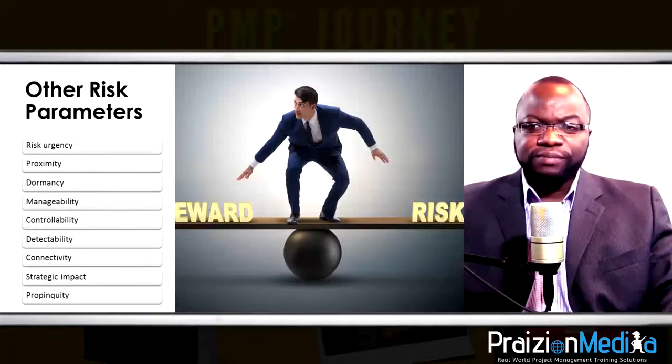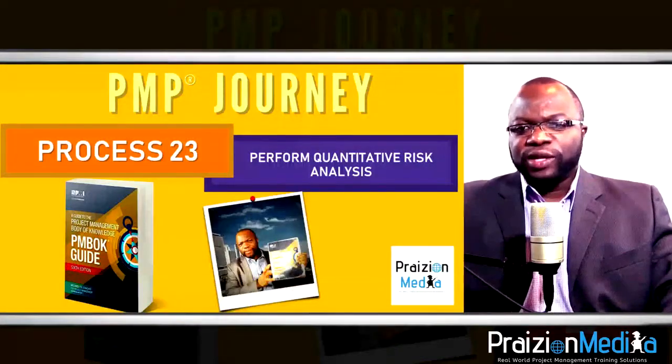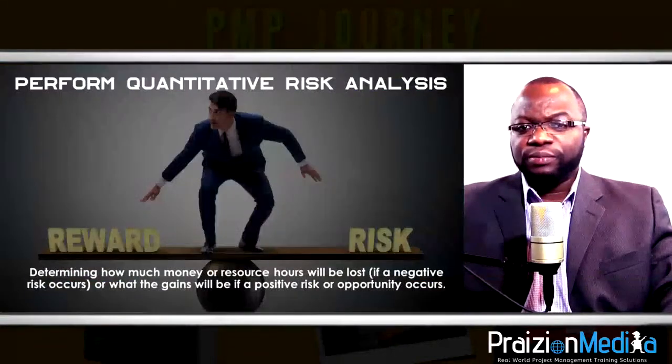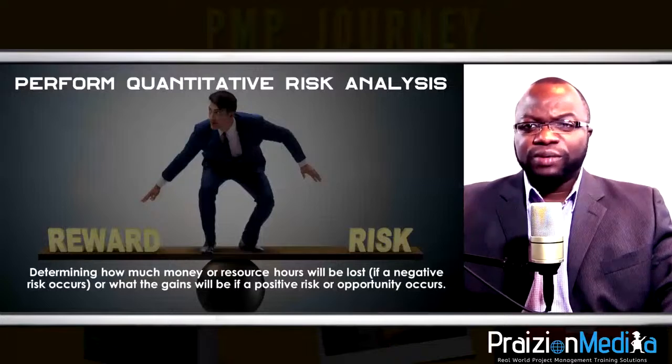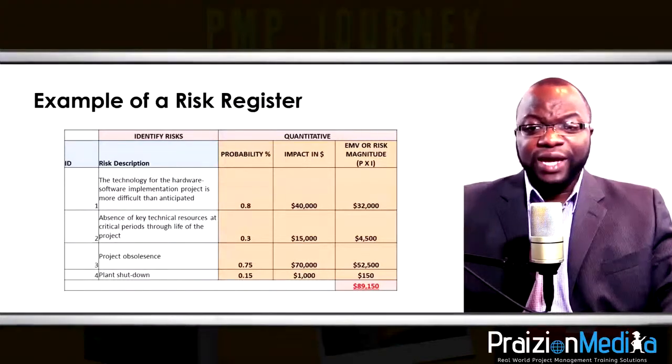Process 23. Perform quantitative risk analysis. This is where the project manager and the team should quantitatively analyze the risks from a dollar perspective or from a resource hour perspective or some other quantitative measure. Typically, it's probability times impact, probability in terms of a best guess or in terms of expert judgment, if you wanted to call it that, times the impact.